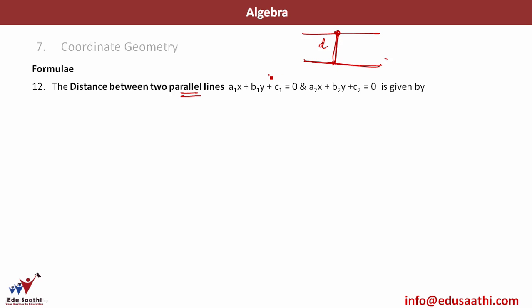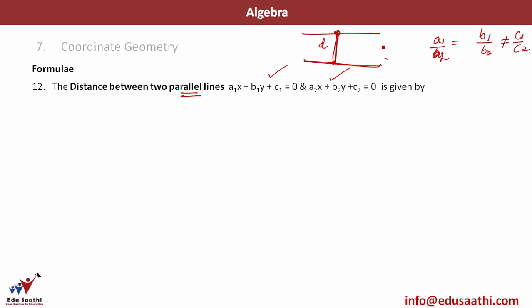The two lines which are given to you are parallel to each other. Parallel means their slopes are equal, that means a1 over a2 is equal to b1 over b2, not equal to c1 over c2. So this is what you have for parallel lines.